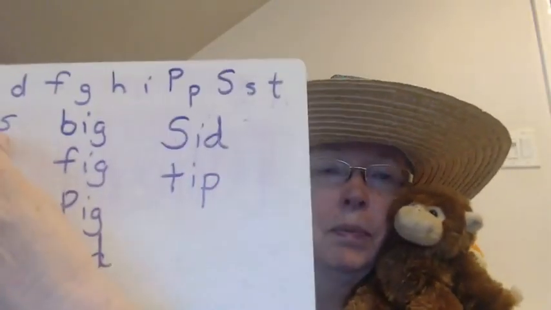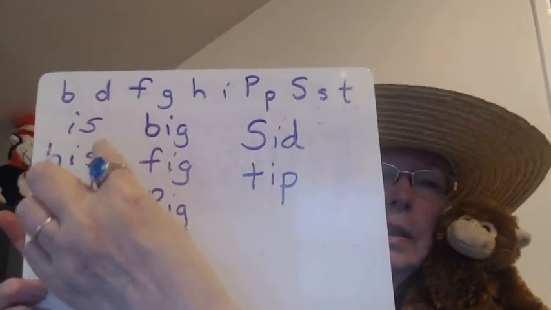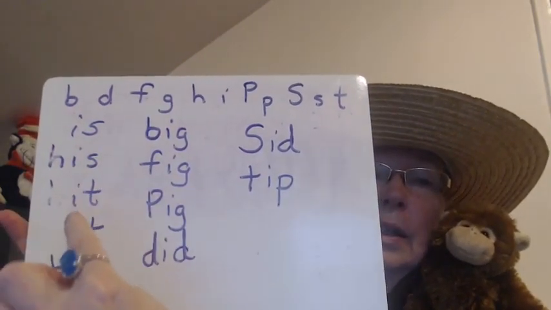All right, so now what we're going to do is we're going to go back and we're going to say these words. Is, his. Boy, I messed up with that, didn't I? I believe that was an H. So let's go back to it.